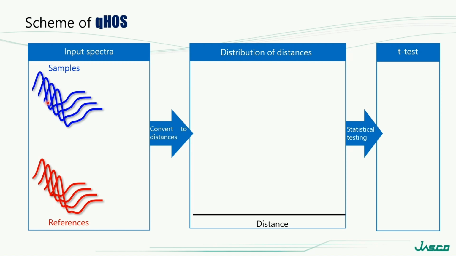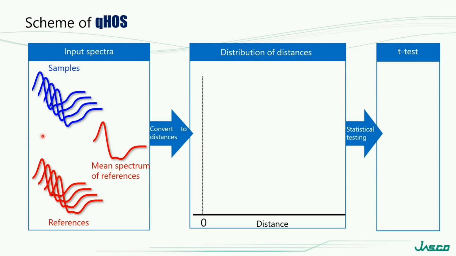In case of Welch's t-test, multiple samples and multiple references are required. This method can consider both reference and sample error. In this section, I explain the case of Welch's t-test.